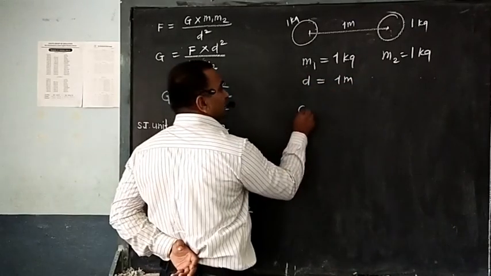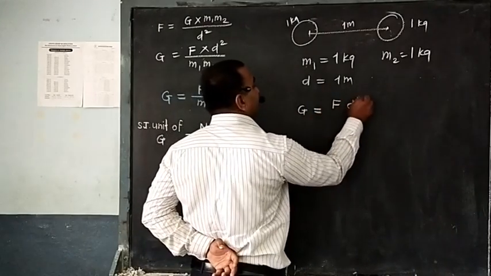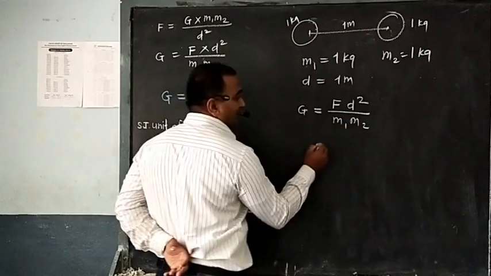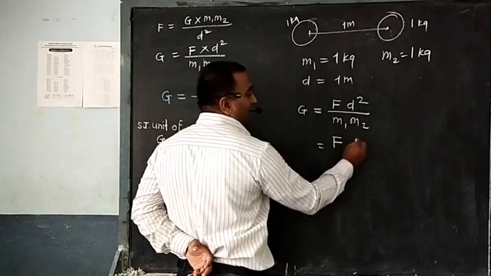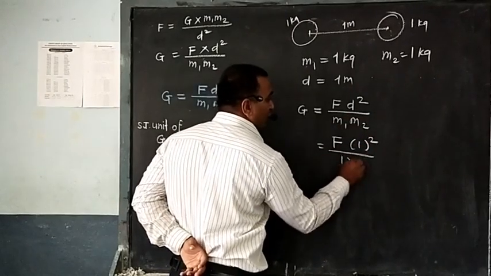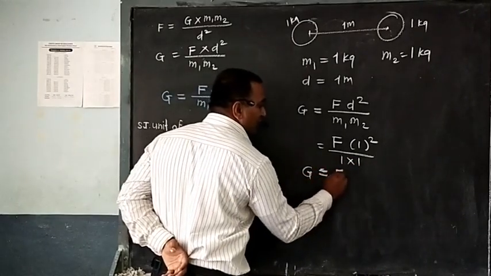So G is equal to F d square divided by m1 m2. We don't have the force, that is F; d we have 1, so 1 square divided by 1 into 1, and finally we are getting G is equal to F.